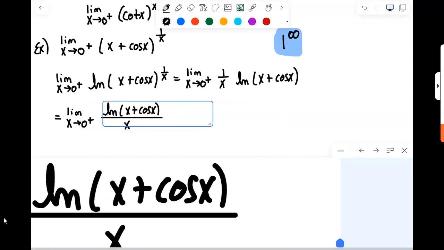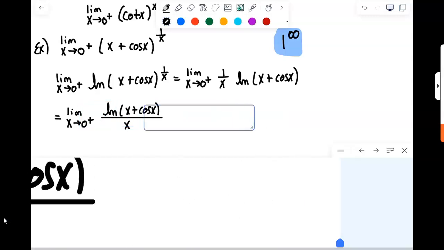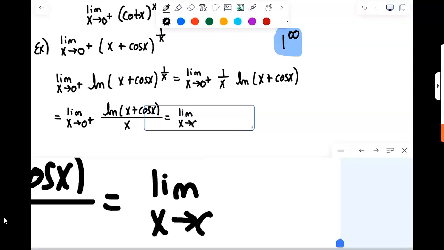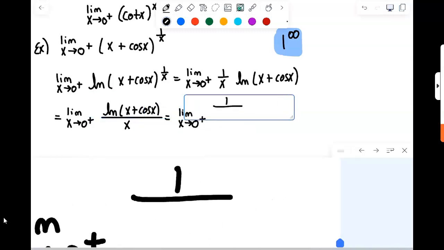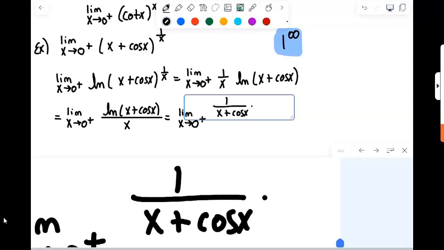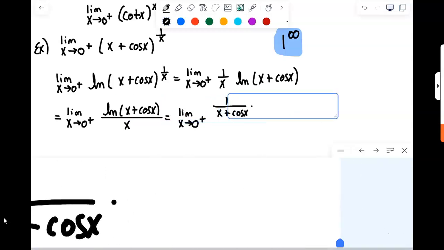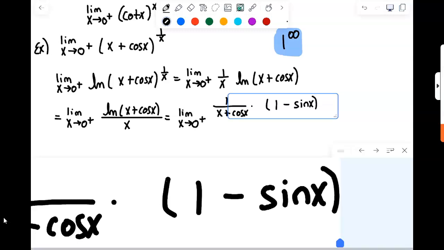And now we can apply L'Hopital's rule. So we take the derivative of the top. That would be 1 over that stuff times the derivative of that stuff. Derivative of x would be 1, derivative of cosine would be minus sine.